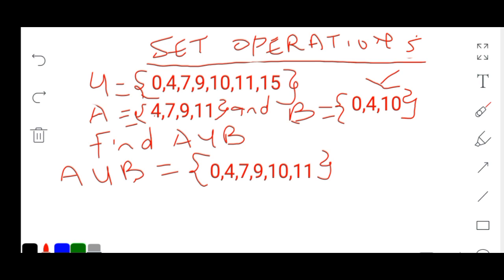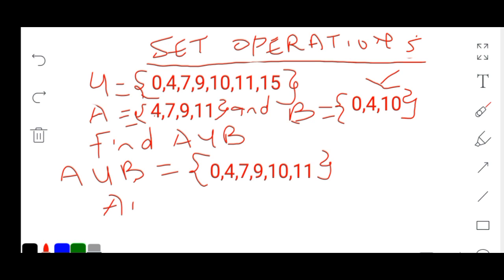You don't write the 4 twice, just once. Then 7, after 7, 9, after 9, 10, after 10, 11. So we have combined both A and B, just like we married them together, like they got wedded. When husband and wife come together, they become one. Same thing, A and B come together to become one. That's what I call A union B.